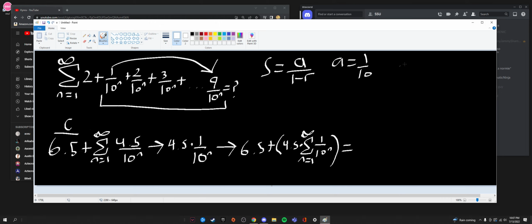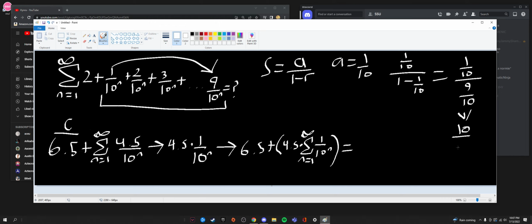So ultimately, plugging in, we would get 1 over 10 over 1 minus 1 over 10. This comes out to be 1 over 10 over 9 over 10, which becomes 10 over 90.